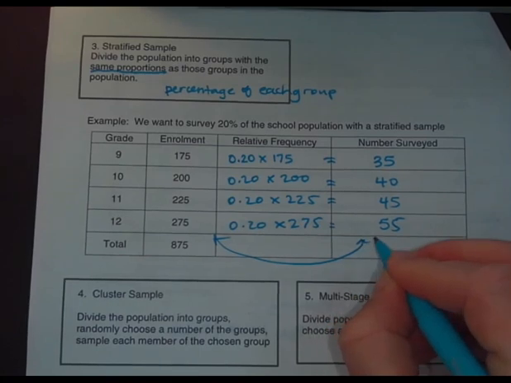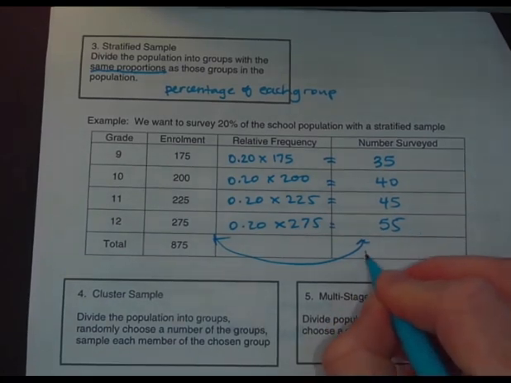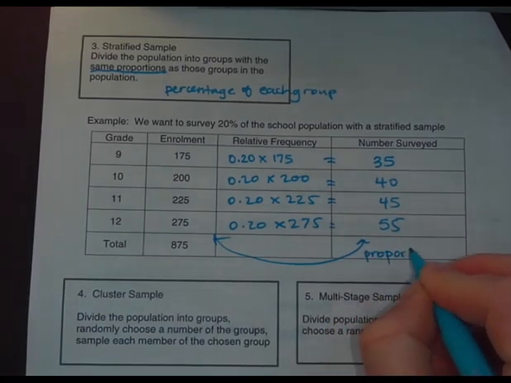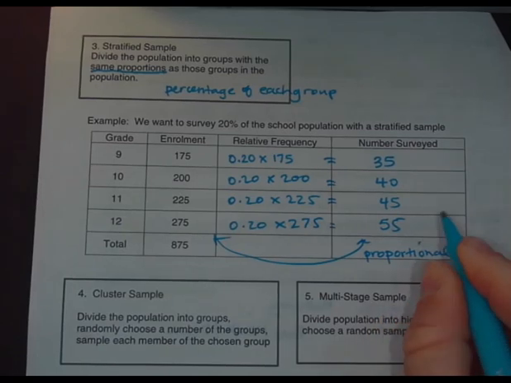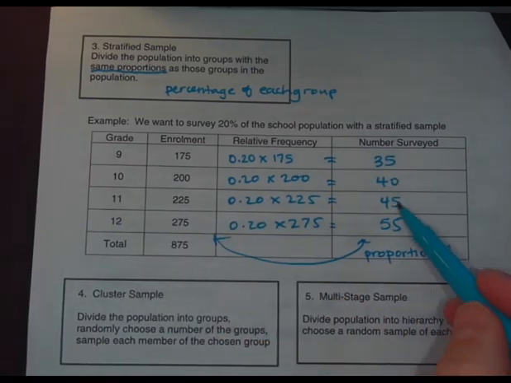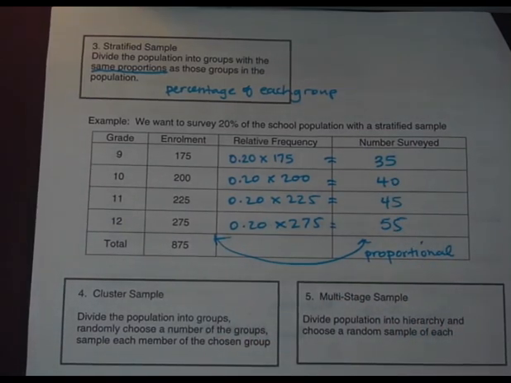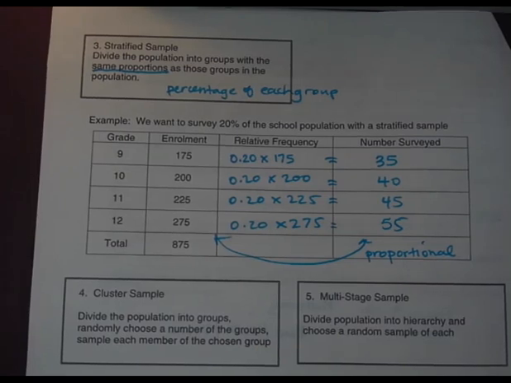These numbers are still proportional. That means they have the same weighting for each group. So that's an example of that.